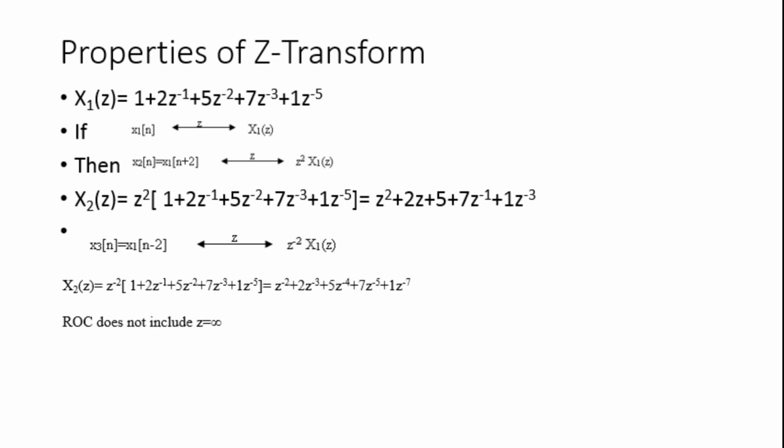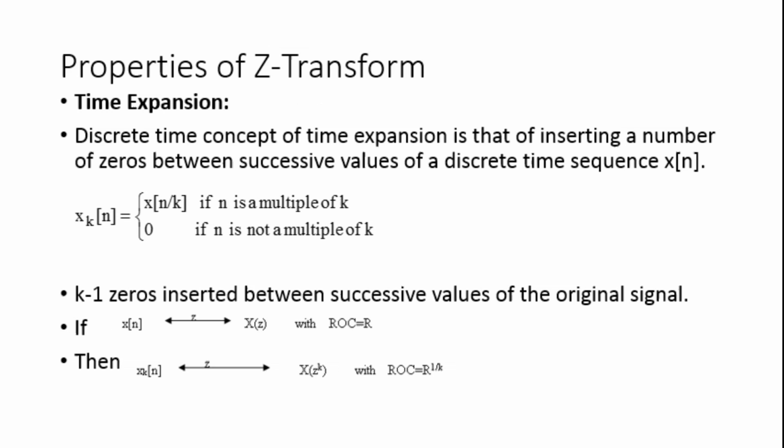Then x3 of z is equal to z to the power minus 2 into x1 of z, that is 1 plus 2z inverse plus 5z to the power minus 2 plus 7z to the power minus 3 plus z to the power minus 5, which is equal to z to the power minus 2 plus 2 into z to the power minus 3 plus 5 into z to the power minus 4 plus 7 into z to the power minus 5 plus 1 into z to the power minus 7. Then the ROC does not include z equal to infinity.